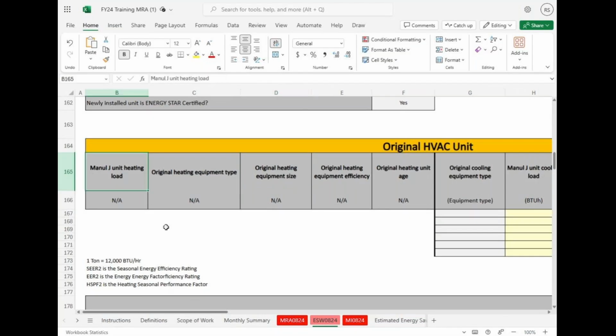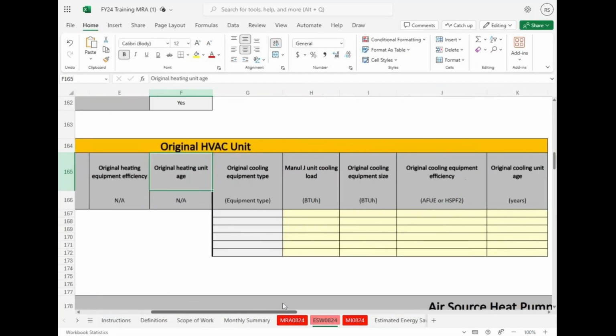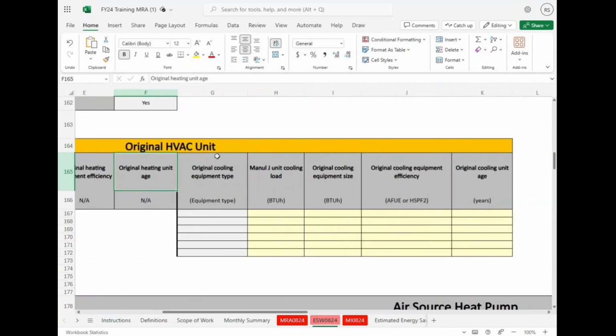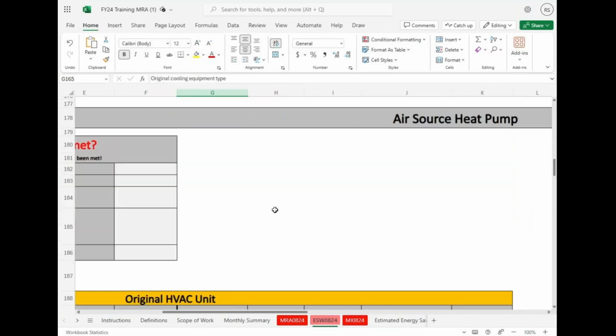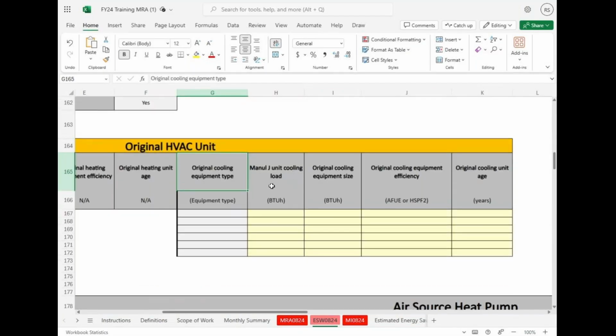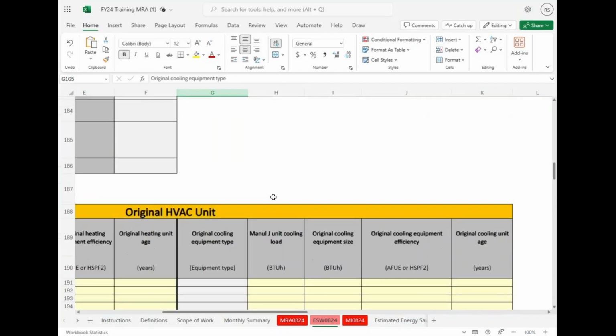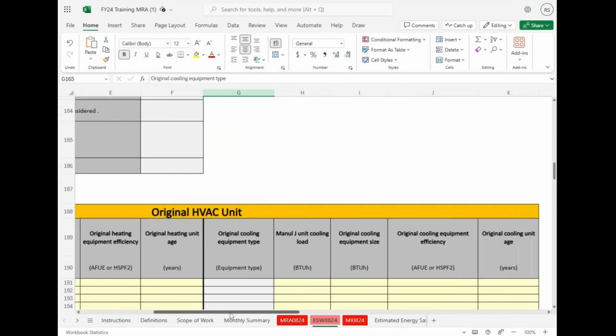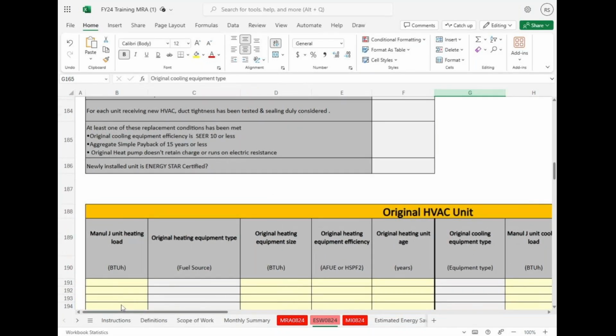So central AC, what's the heating load, what's the equipment type, size, efficiency, age on the original unit. Then you get to the new input over there on the right. Again, with air source heat pump, you have what is the design load, what is the equipment type.